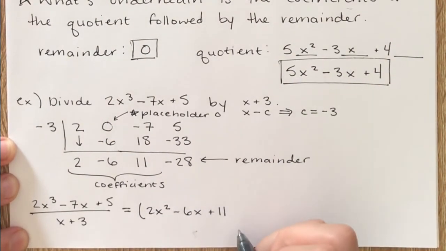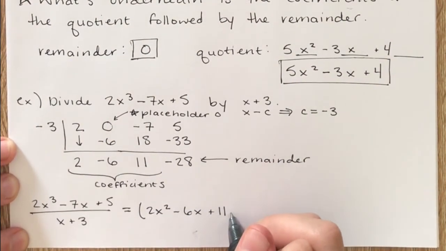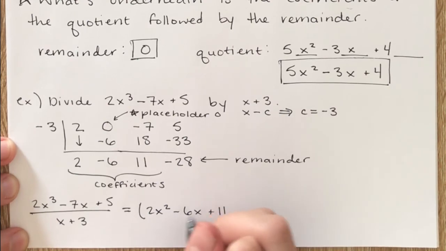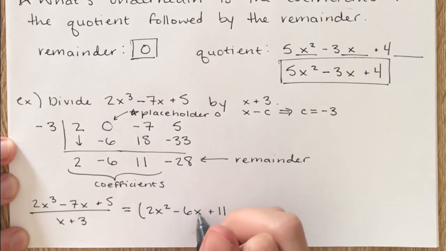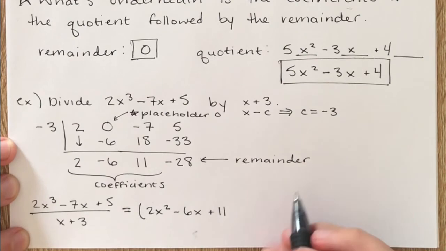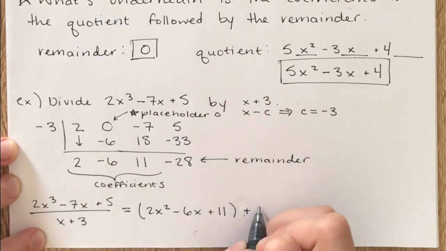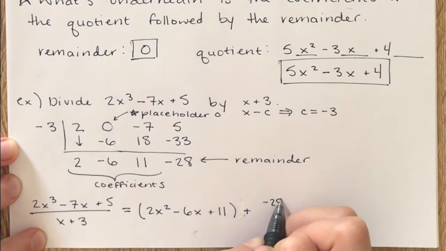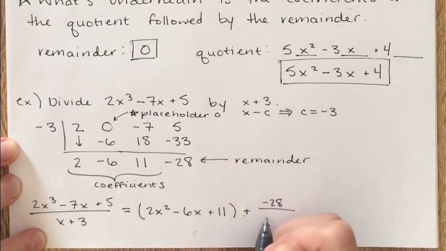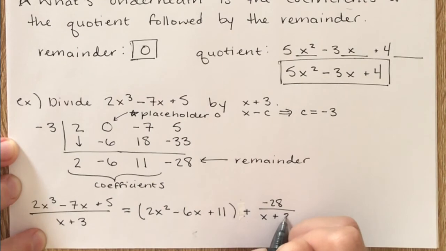We need to work backwards. We know that 11 is going to be our constant term, so minus 6x will be our x term, and then we have 2x squared, plus our remainder, -28, over our divisor, x plus 3.